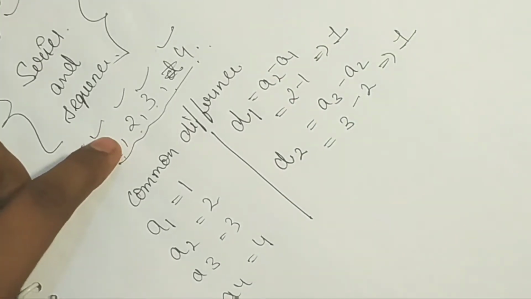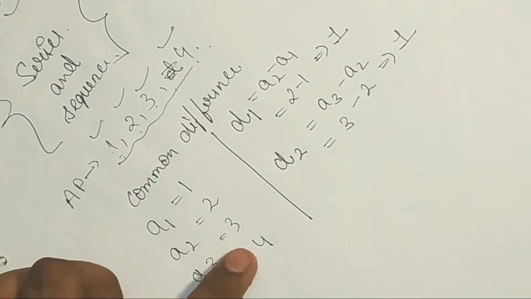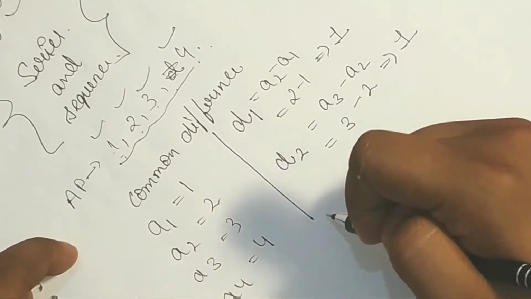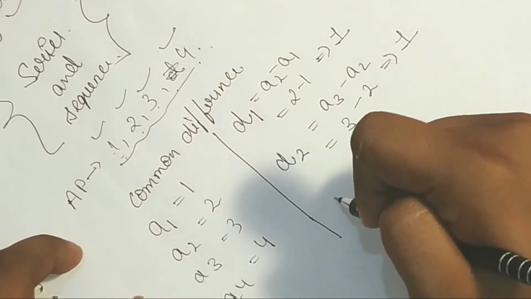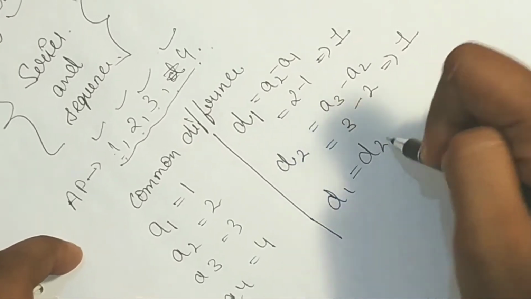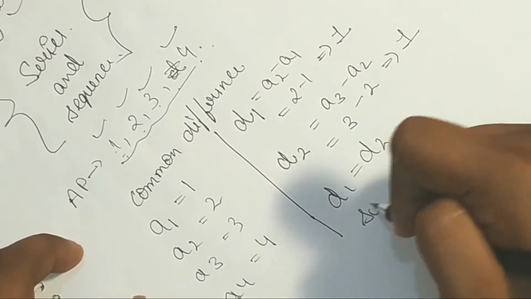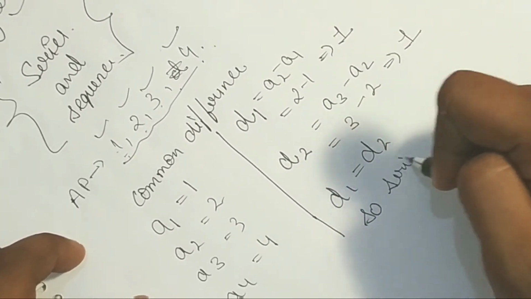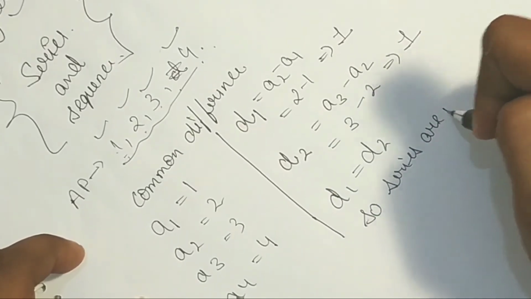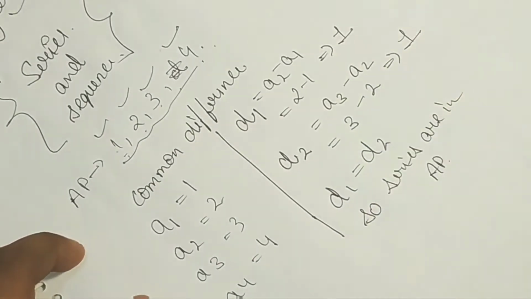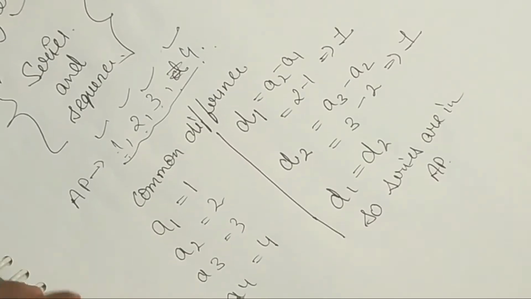In an AP, if the common differences are the same, then that series or sequence is said to be in AP. If d1 equals d2, the series is in AP.